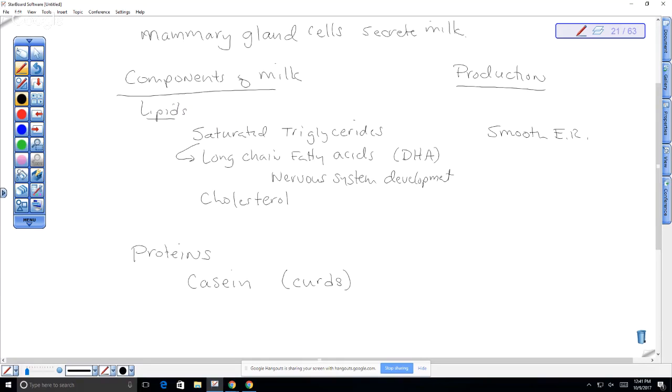There are other proteins that are also important, which include antibodies. And these have an immune function. So the first milk that is produced by a lactating female has a special name. Does anybody know what that is called? The first milk is called colostrum.